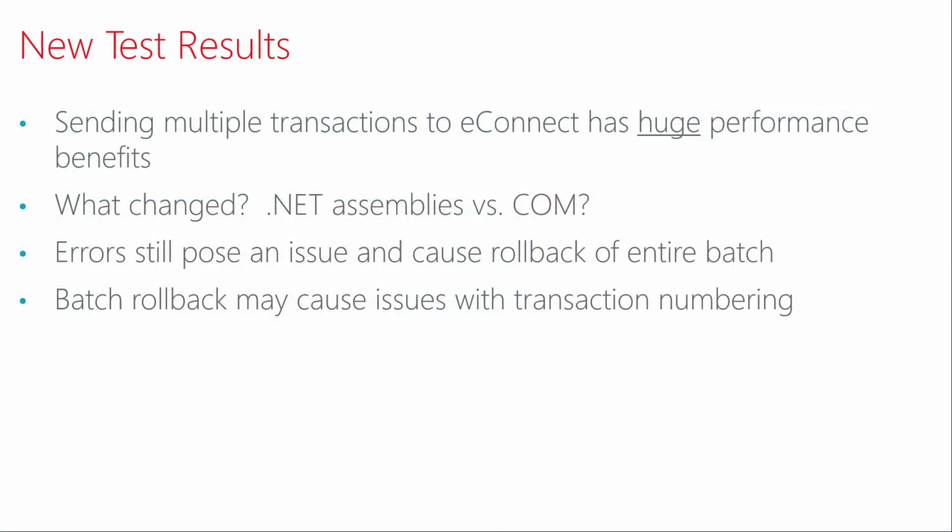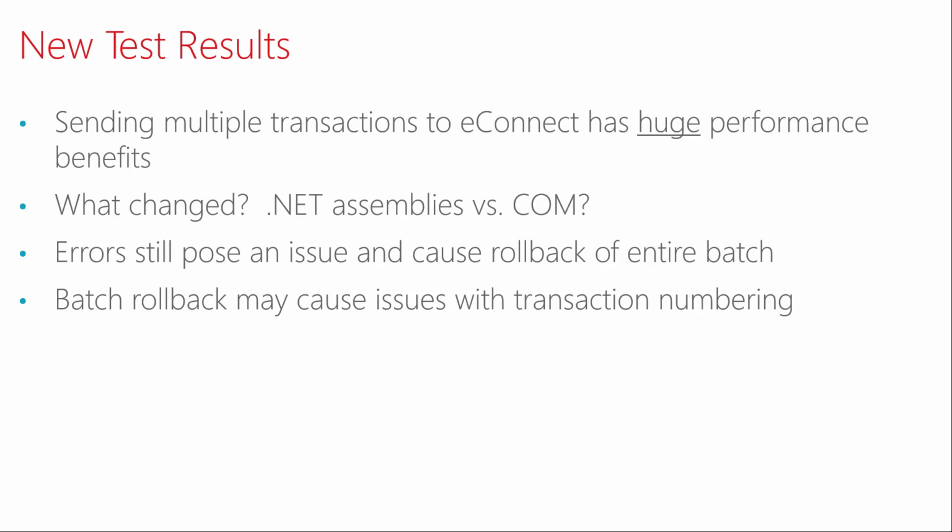So, to summarize our new test results in 2018, we found that sending multiple transactions to eConnect has a huge, huge performance benefit. What changed? As far as I can tell, the real difference is with the eConnect.NET assemblies versus the old COM objects for eConnect.